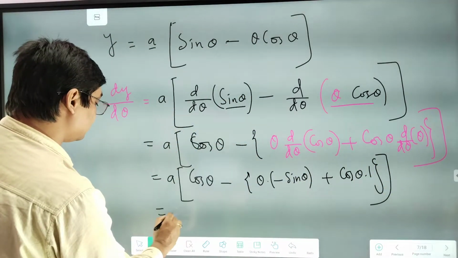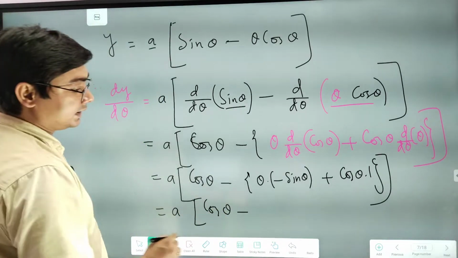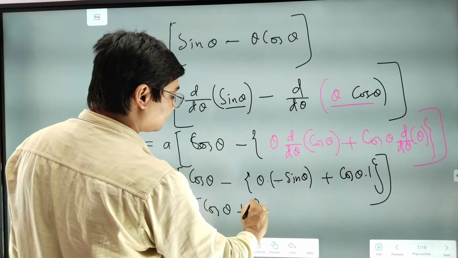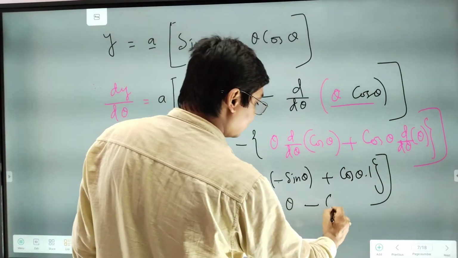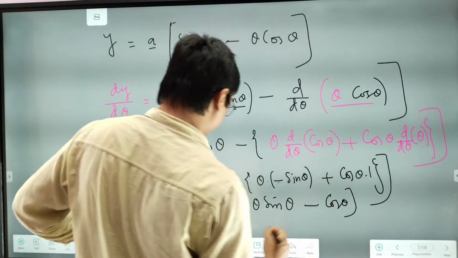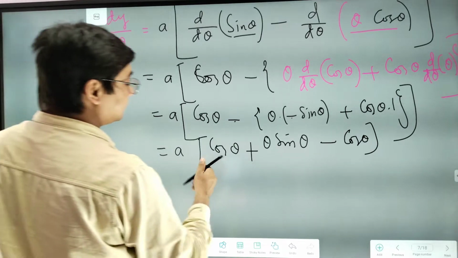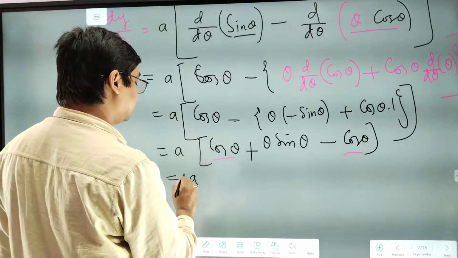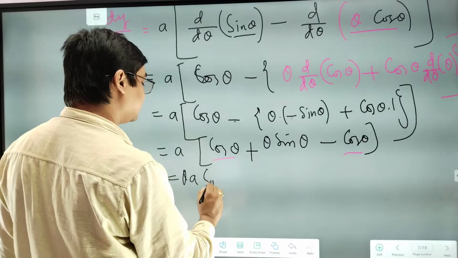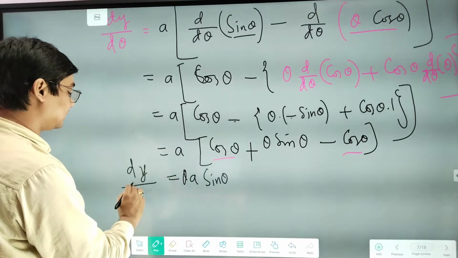So here a times cos theta minus, this minus times minus will be plus theta sin theta, and this minus will be minus cos theta. This is a very easy simplification. Now you see this cos theta will be cancelled. So here we will get a theta sin theta. So this is the value of dy by d theta.